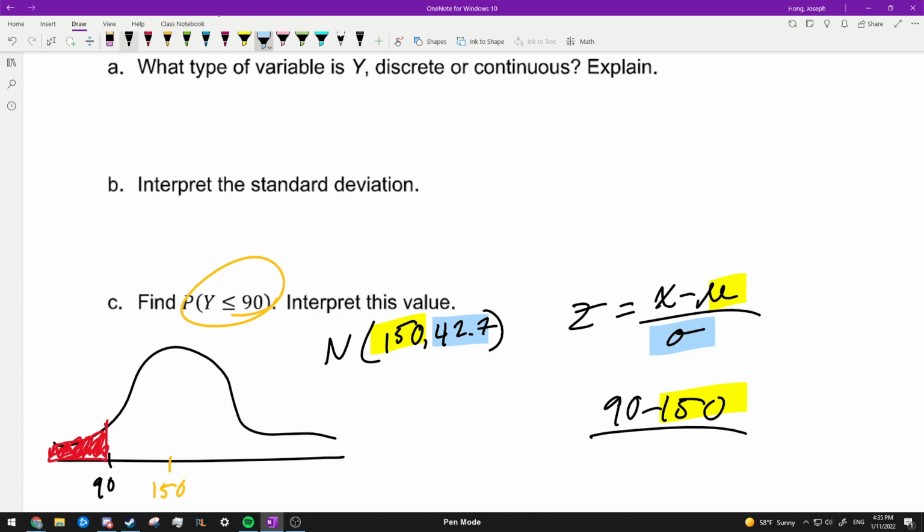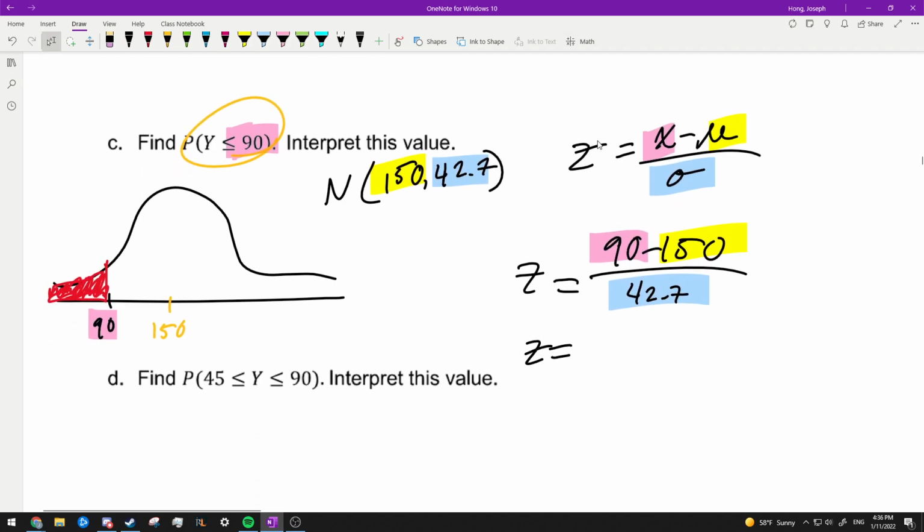Oops, this should be 42.7. And I got this 90 from the question. I used the calculator, and z is equal to negative 1.41.